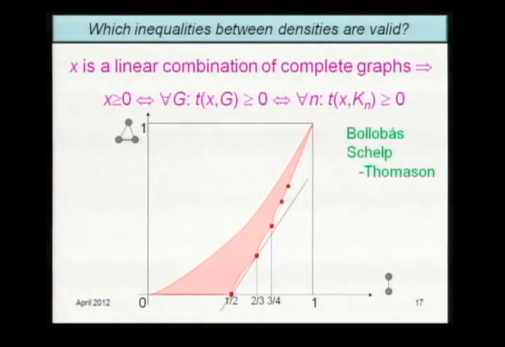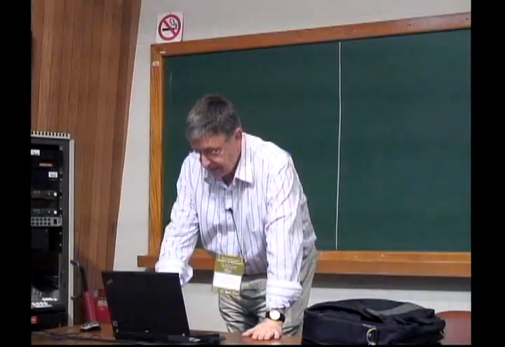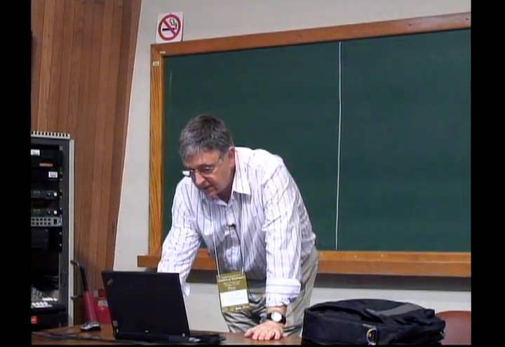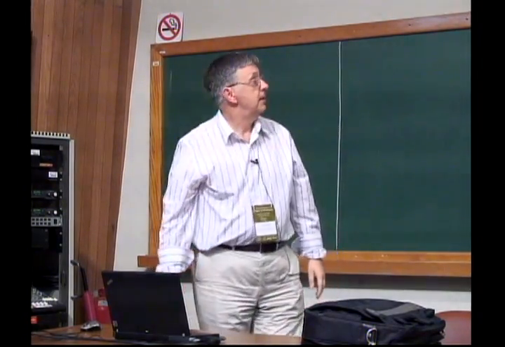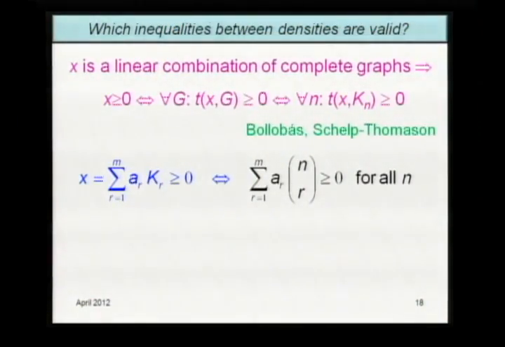So it's a highly non-trivial theorem, and it's very nice because you can translate it into arithmetic. It says that a linear inequality between densities of various complete graphs, edge density, triangle density, complete 5-graph density, and so on, holds if and only if a very simple algebraic inequality holds.